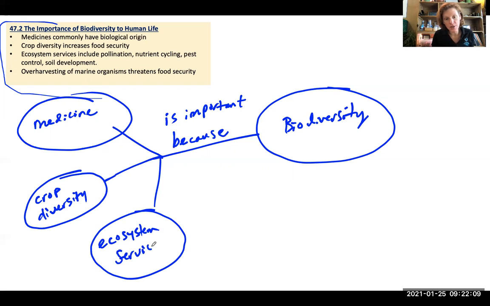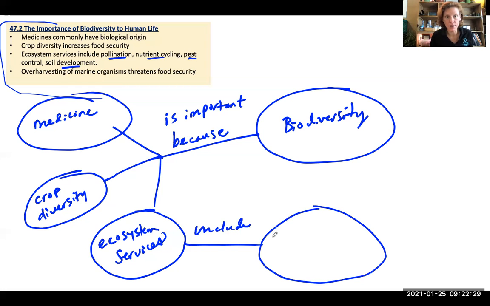Ecosystem services is kind of interesting, and you could break that out, thinking, okay, what is ecosystem services? These actually include ways that the ecosystem is providing a benefit to humans. So ecosystem services include, and then you could list them out here: pollination, nutrient cycling, and you get the idea.